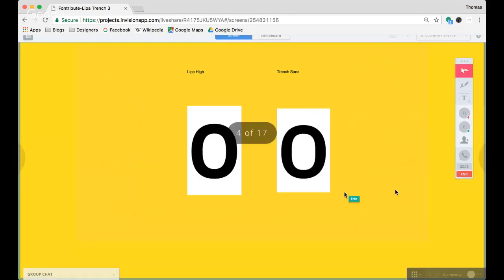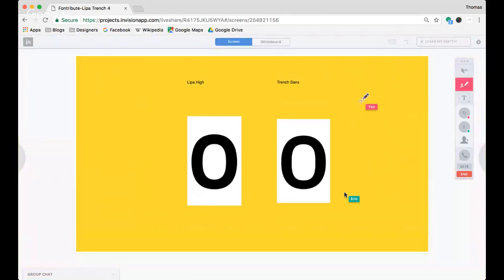Excellent. O. We usually compare N and O as our first two characters when we look at typefaces. Typically, for a sans serif design without a lot of contrast, the O's are usually quite similar. And at a glance, they look quite similar.